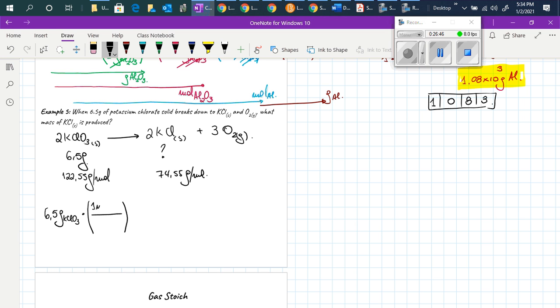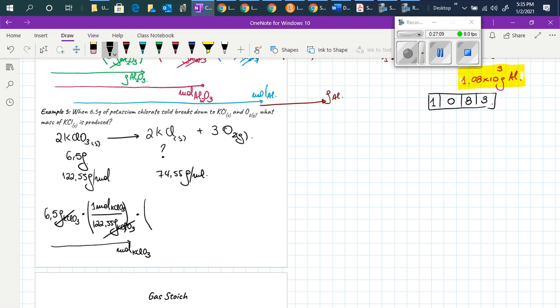So 1 mole of KClO3 is 122.55 grams of KClO3. Grams and grams are cancelled out, so what we have here is moles of KClO3.